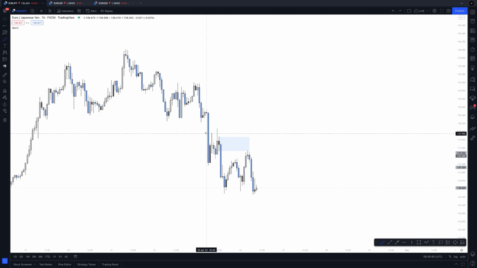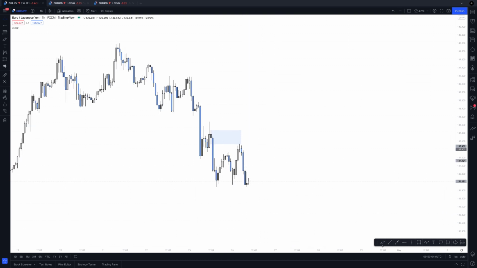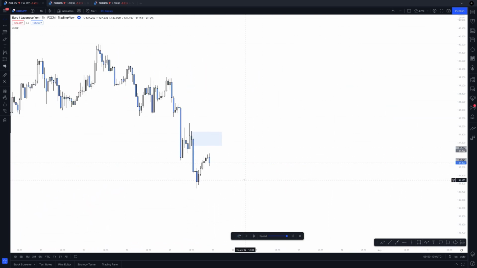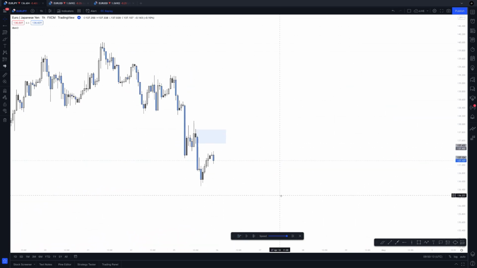Price made one high, one low, one high, continued to the downside, broke this not so much impulsively, but again we had a nice breakout to the downside. And right now in this price action, we can see that we can really trade this inside bar here.